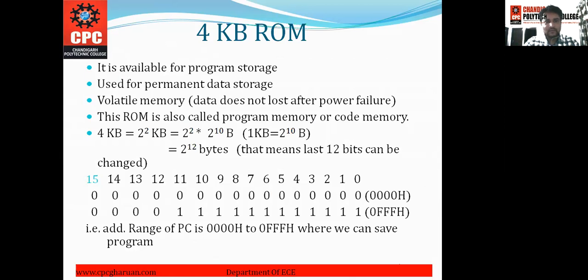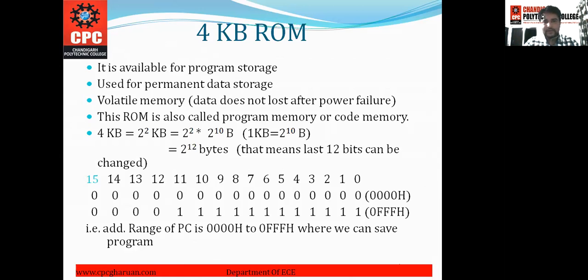The size of ROM is 4 KB. That means 2 raised to power 2, and KB can be rewritten as 2 raised to power 10 because 1 KB is equal to 2 raised to power 10 bytes, and it makes the total of 4 KB ROM 2 raised to power 12 bytes. That means the last 12 bits can be changed in this.